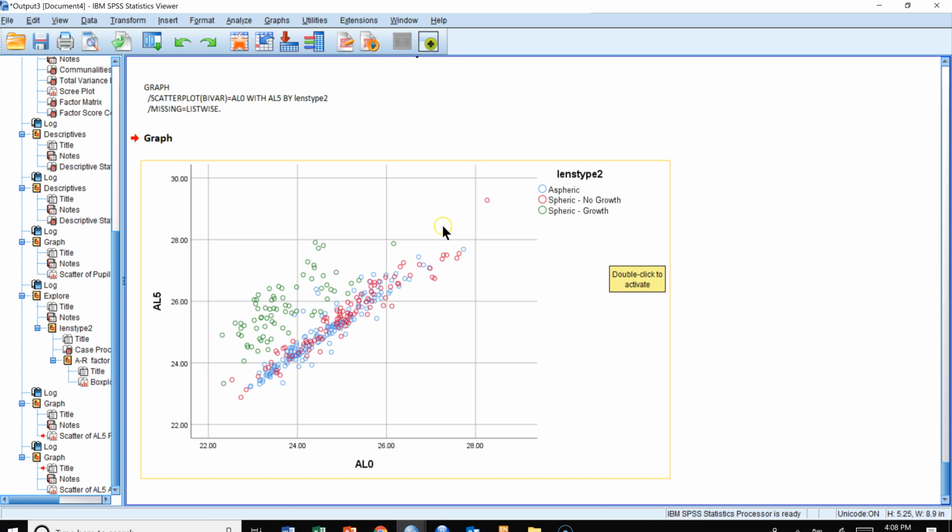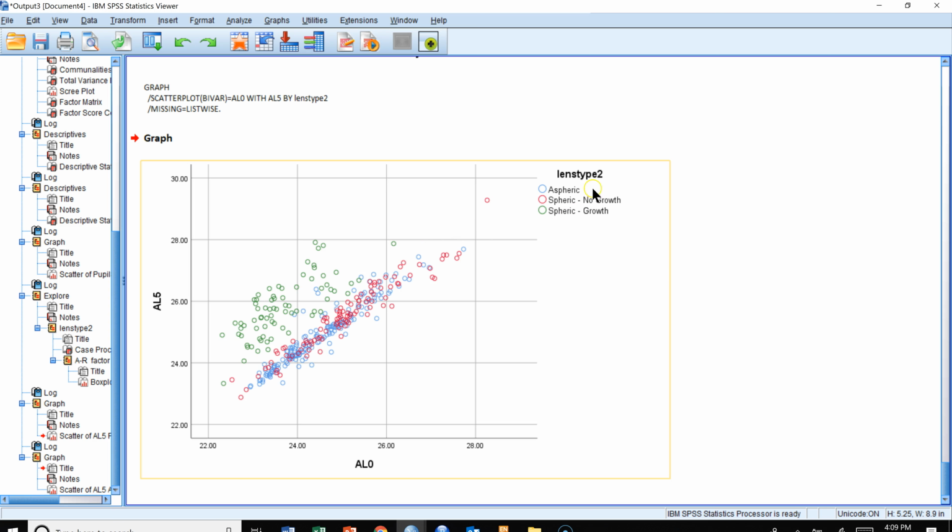And we see here why we divided the spherical group into 2 groups. The blue and the red are an aspheric lens and a spherical lens that really didn't grow too much. That's the red. But then there were these other people that grew a whole lot, and we defined these. There was nothing that said these groups were going to do this. We did it post hoc.